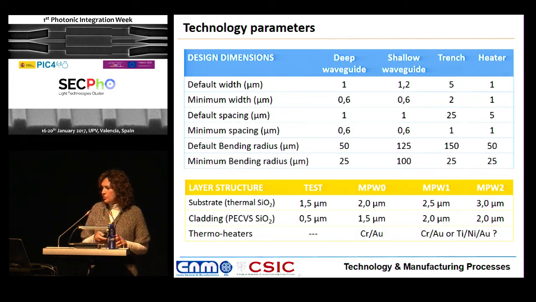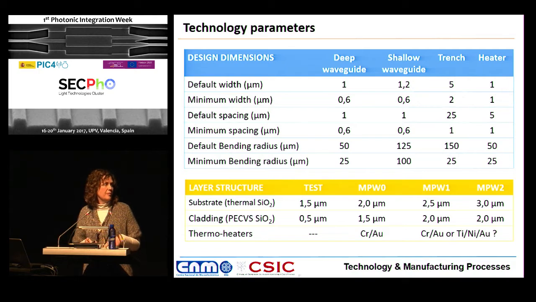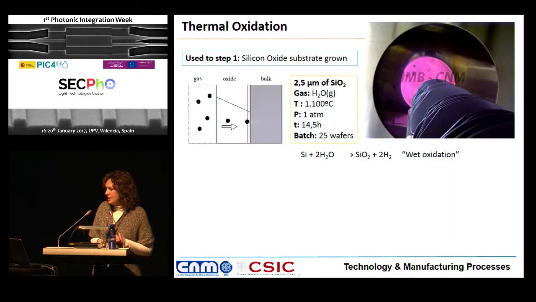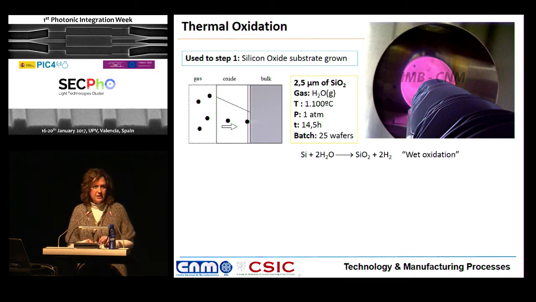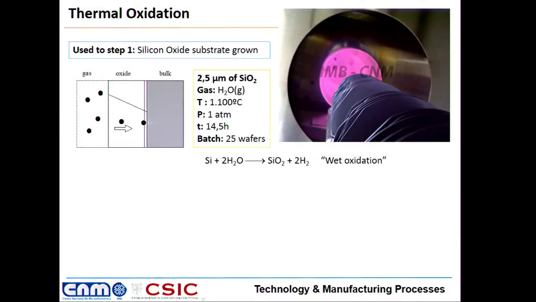So now I'm going to explain some details about the different processes, but it will just be a summary. I won't go into all of them, but if you have any question, I can answer you. We start with what we call thermal oxidation. Thermal oxidation is a way to produce silicon oxide on a silicon wafer.